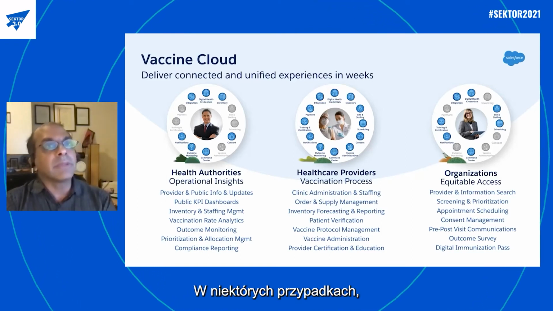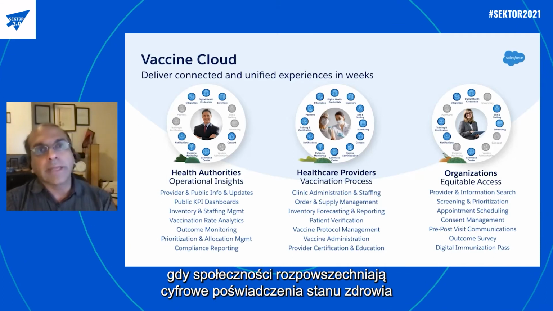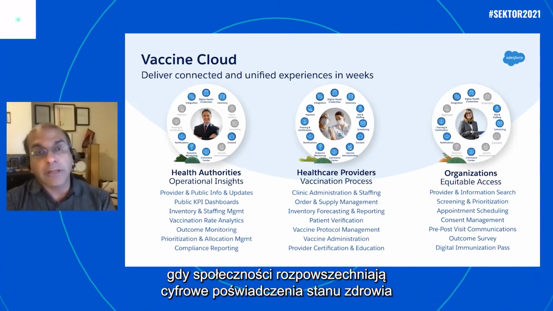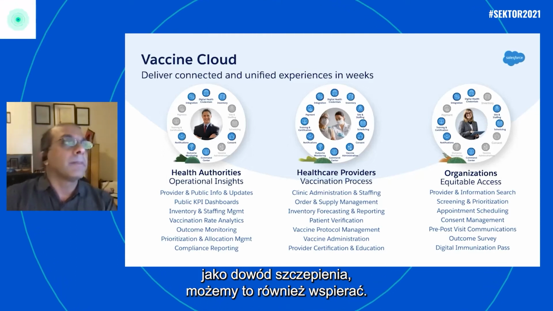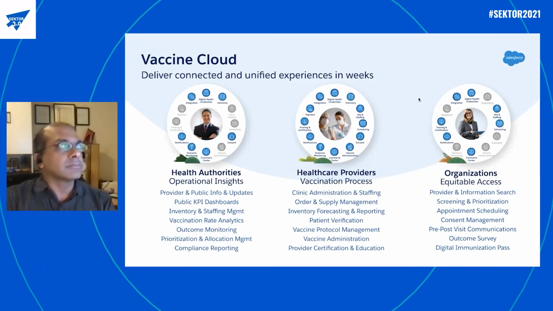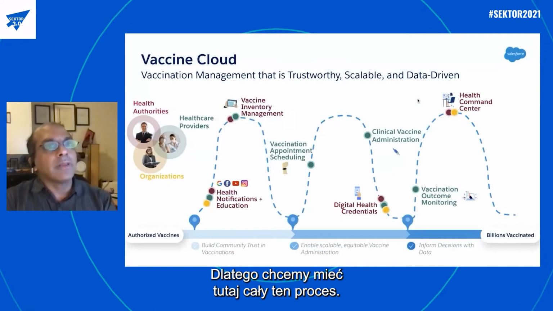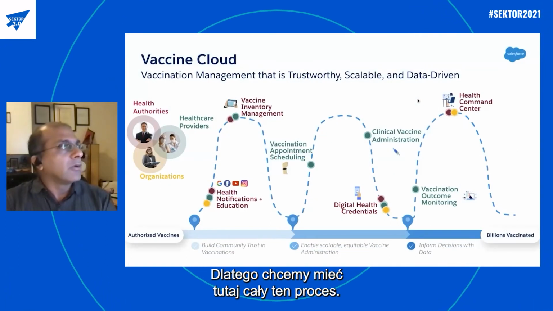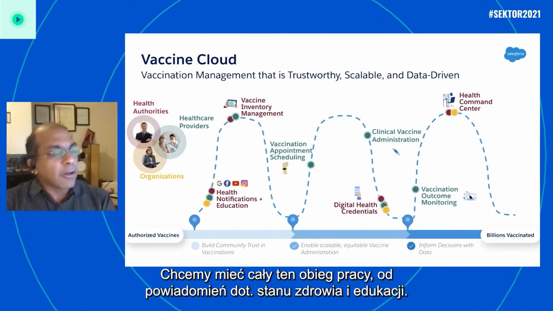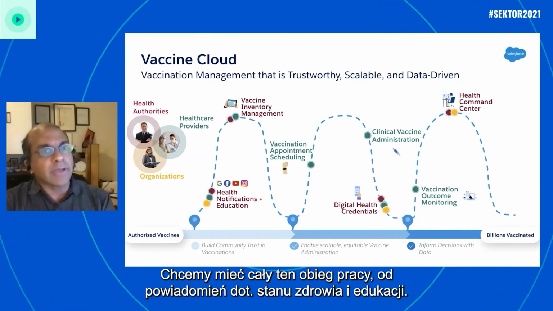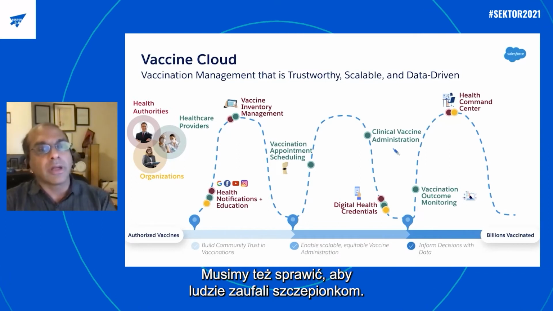And then in some cases where communities are rolling out digital health credentials as proof of vaccination, we can support that as well. And so we want to have this entire workflow here, from the health notifications and education, where we have to get people comfortable with vaccinations.